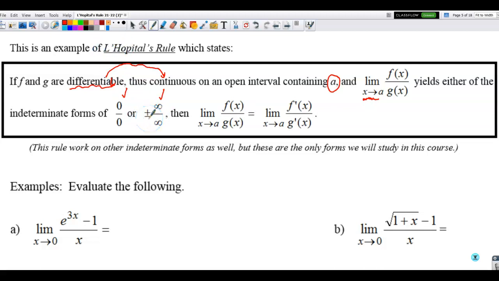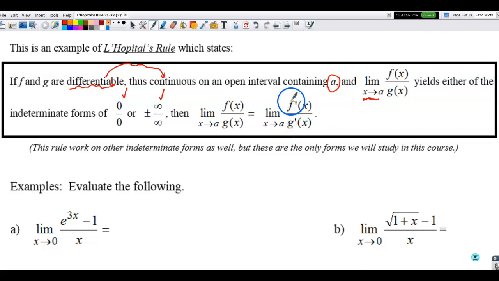Only on those conditions, L'Hopital says, if that happens when you find the limit as x approaches a of your original function, f over g, then you can find the limit as x approaches a of the derivative of the numerator independently divided by the derivative of the denominator independently.